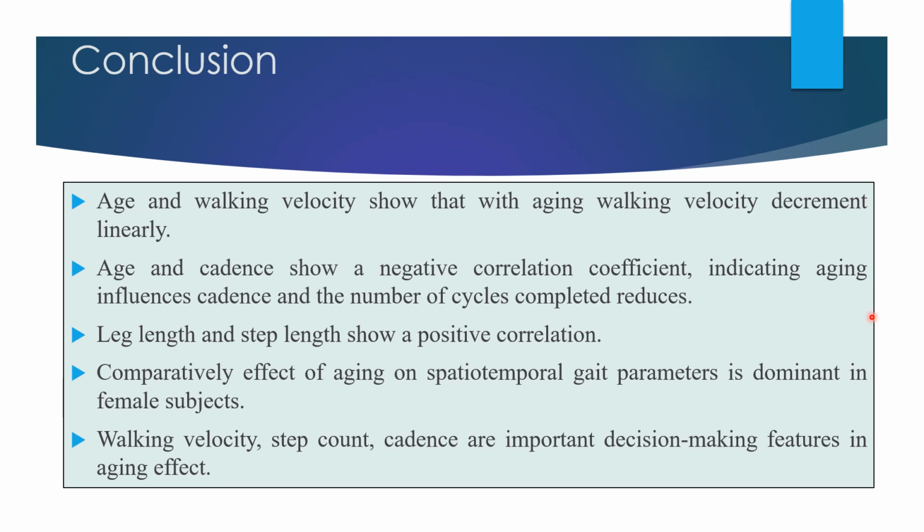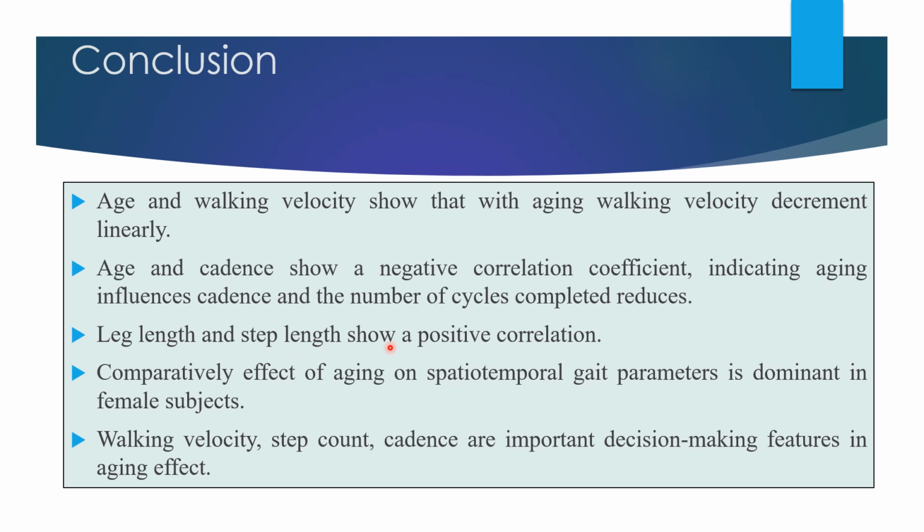To conclude, age and walking velocity show the aging effect on all age groups, decreasing linearly. Age and cadence also show a negative correlation coefficient, indicating that aging influences cadence.